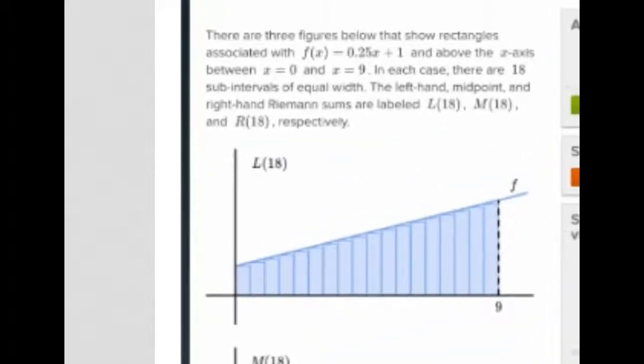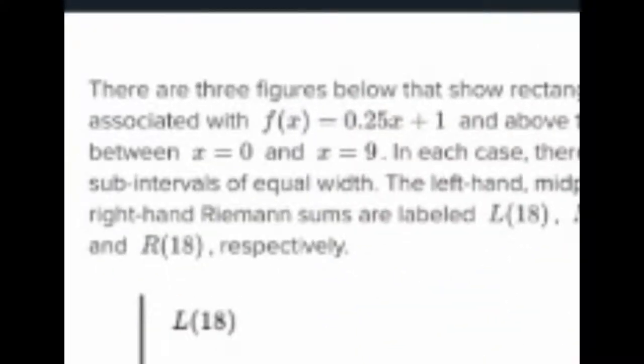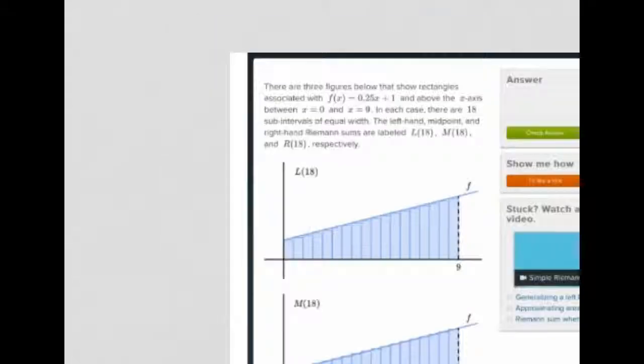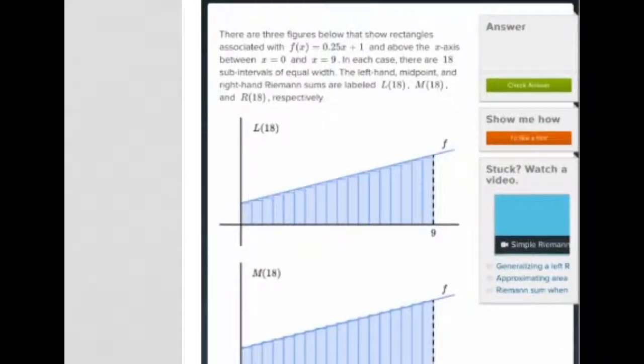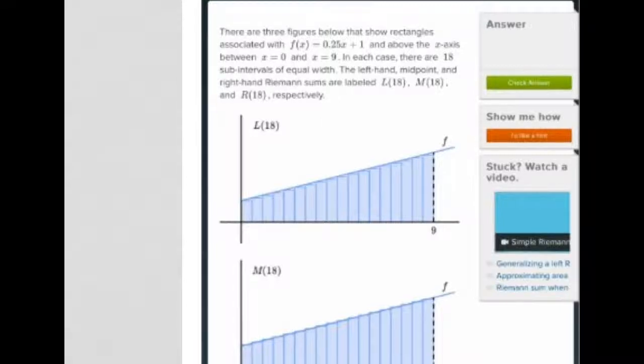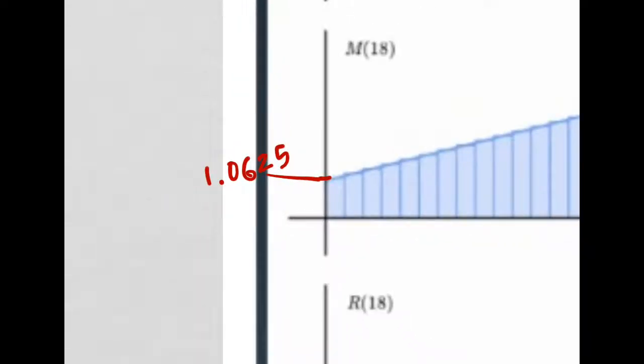So the actual height would be f of x when I plug in 0.25: 0.25 times 0.25, plus 1, would be 1.0625. So the height of this rectangle, just by finding the proper x value, was 1.0625.